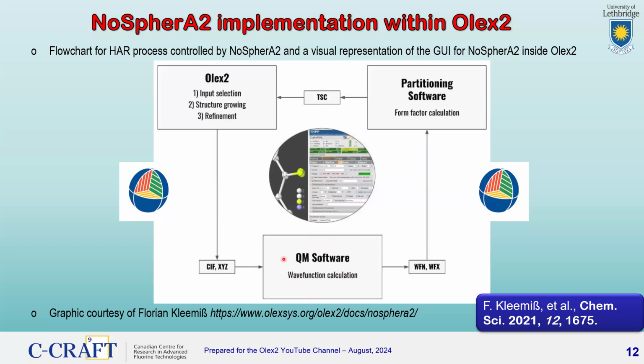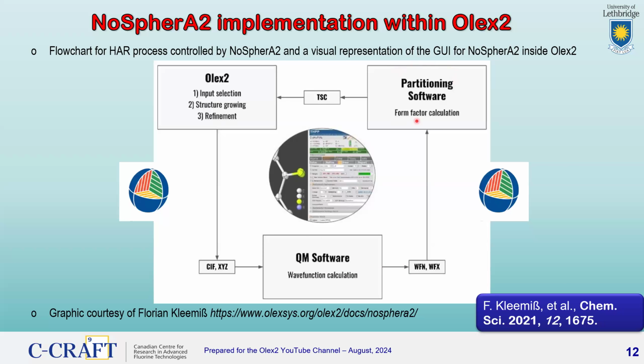That then sets up and runs a DFT calculation where we are doing a wave function calculation, and we are computing from that an electron density map for that molecule. There are two files, WFN and WFX, associated with it that output the electron density based upon the quantum mechanical calculation on the structure that comes out of the independent atom model.